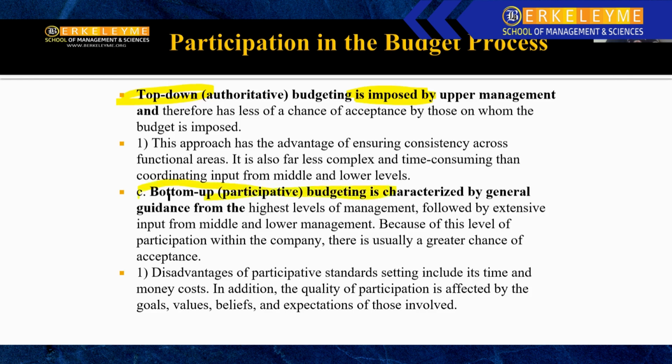Bottom up is participatory. As I already explained, it should come from the smallest level to the top level. There is a bit of a disadvantage of participatory budgeting. What is that? It involves a lot of time. Suppose I want to arrange an extra class, I will say let's have it on, say, Tuesday. So it is fast.